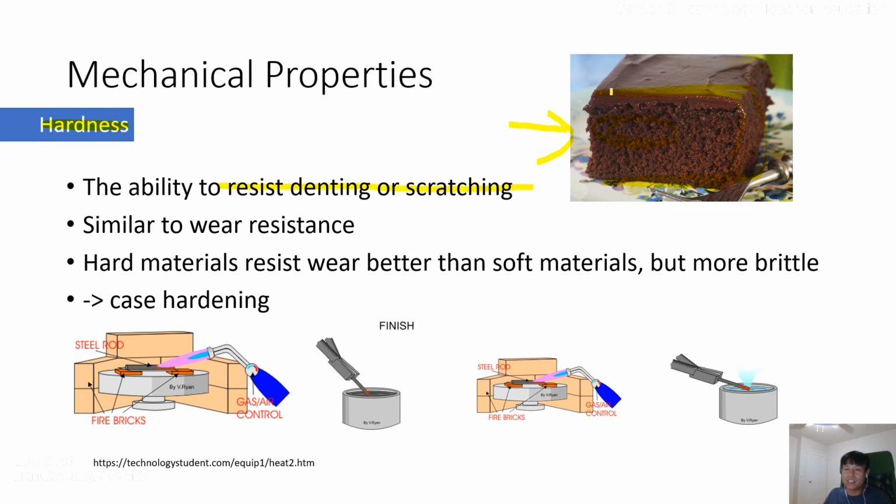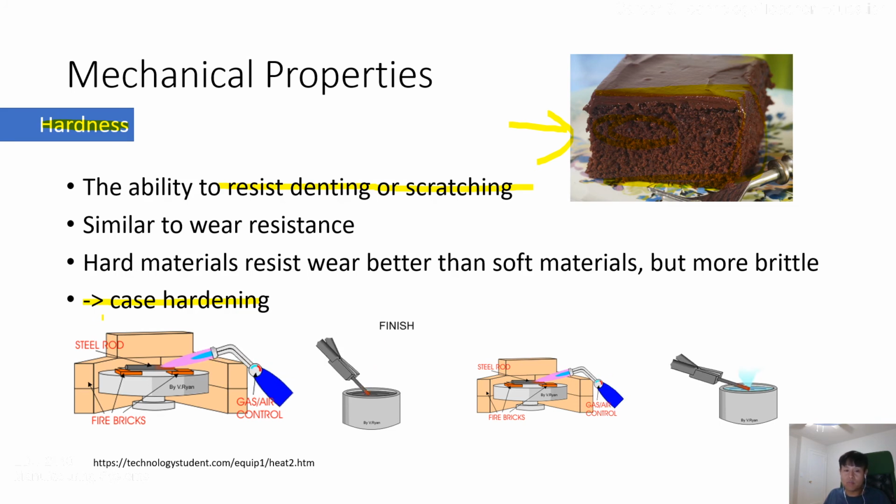When engineers make a material such as plastic or metal, they tend to make the inside soft and the outside hard. One example is hardening.